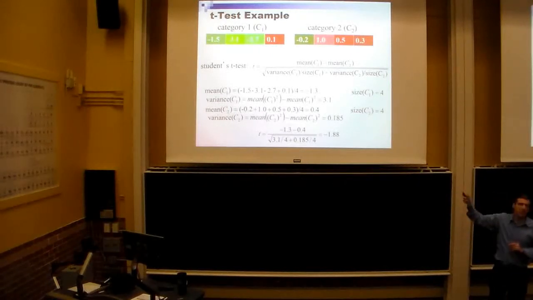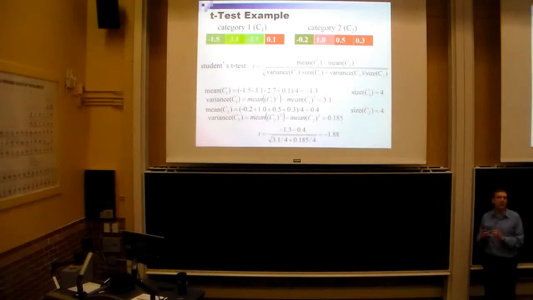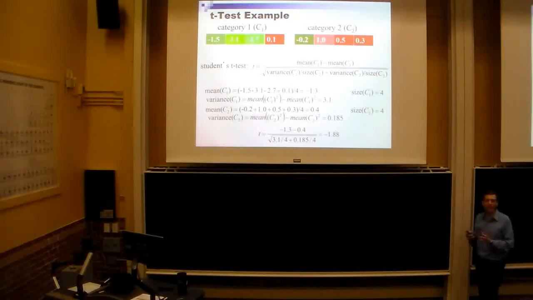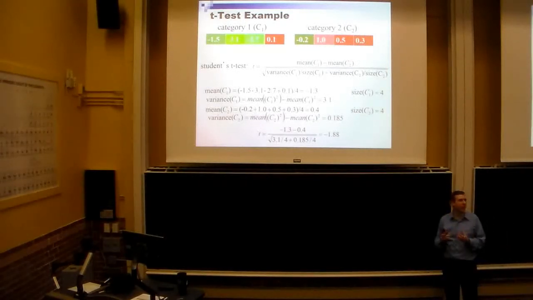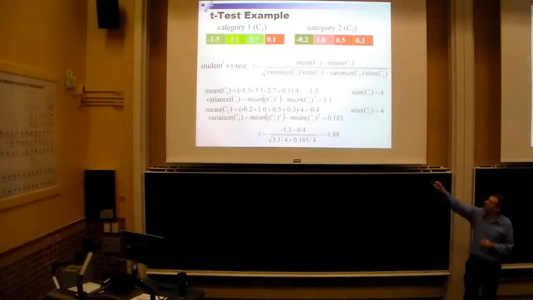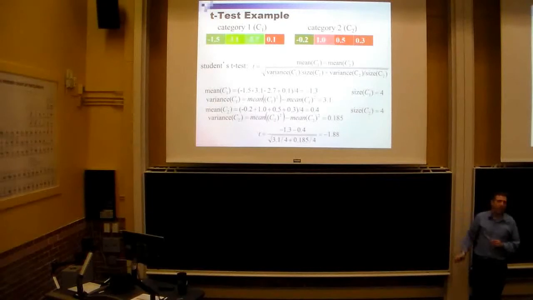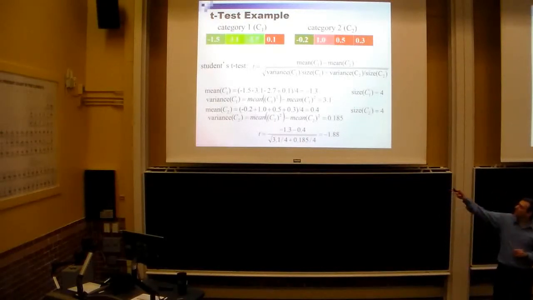The difference between the means is kind of an intrinsic property of the gene. That's something we can't really change. It's known as the effect size that we're looking for, so that we're kind of stuck with. But we do have some other things we can play with here. So let's take the sizes. What would we want to do to the sizes to have a better chance of getting a significant effect?